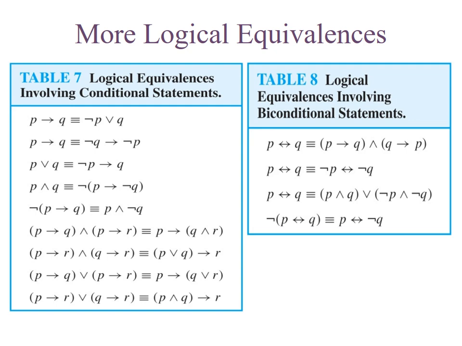For the conditional statement, if P then Q, the only way to remove the arrow is not P or Q. So we replace the conditional statement with the operator or. You need to remember this very well. If P then Q is equivalent to not P or Q.